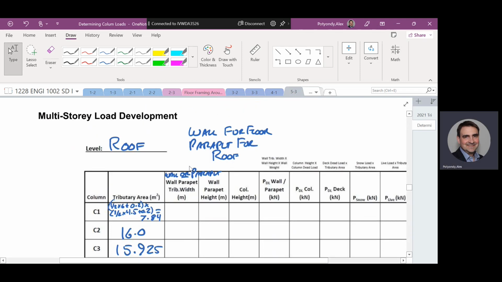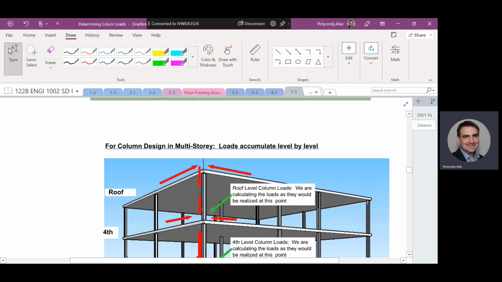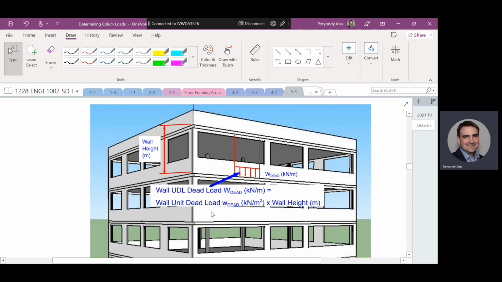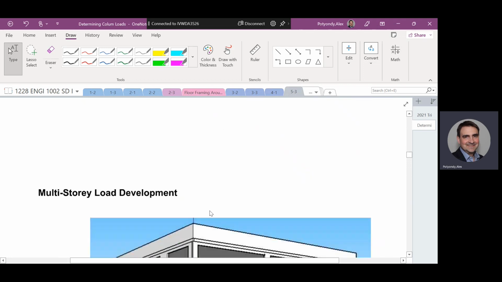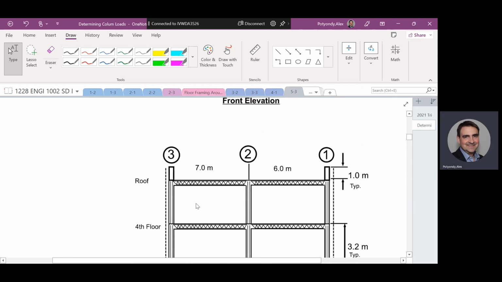Now when I look at my building, what's the wall or parapet tributary? Well, let's start with the height because that's going to be the easiest. Now I need to go to this diagram here. And we see here, this is the wall correction parapet height.